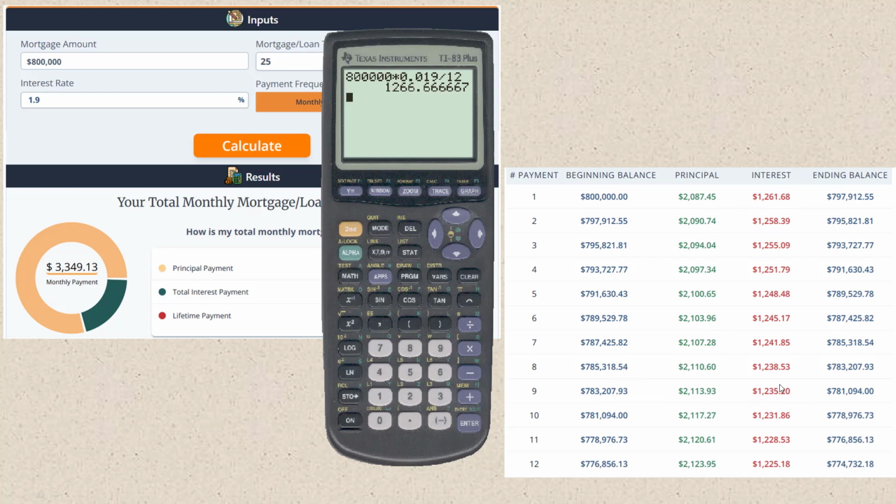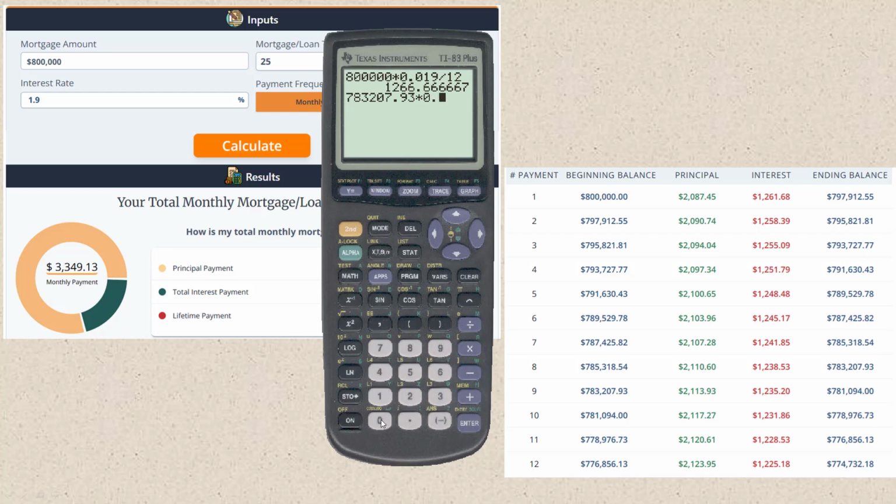So, for example, if I wanted to check on this, let's say you're wondering in the 9th month how much interest you're going to pay, you have the table in front of you, you'd have to know the balance from the previous month, so 783,207.93.